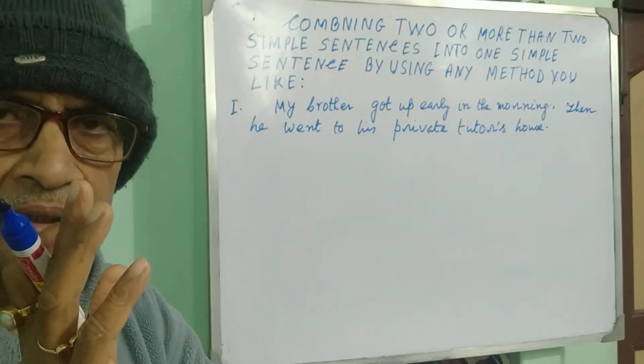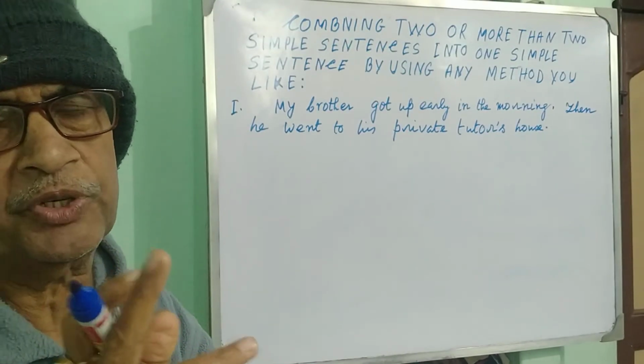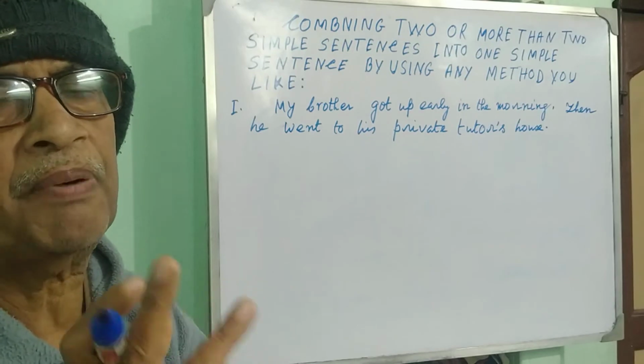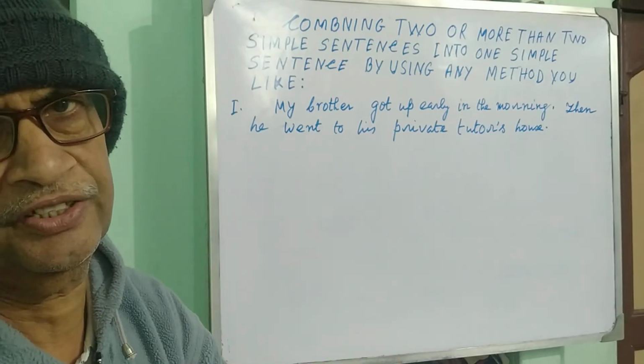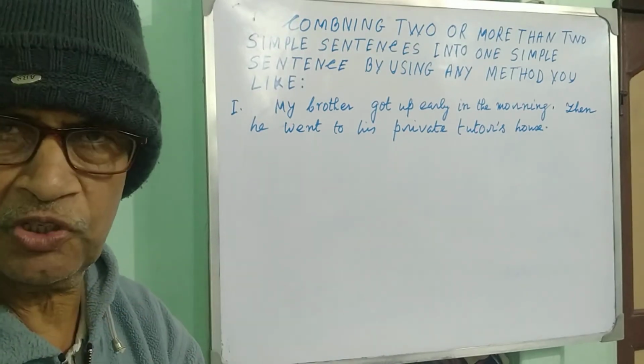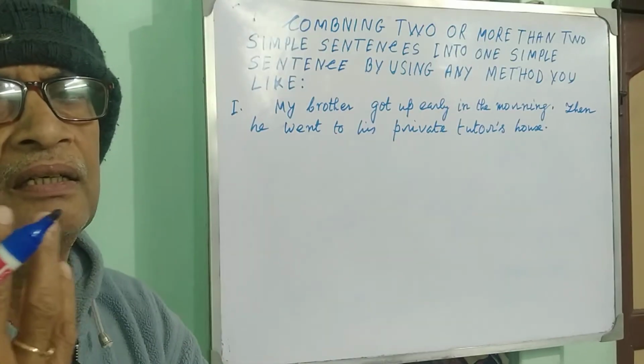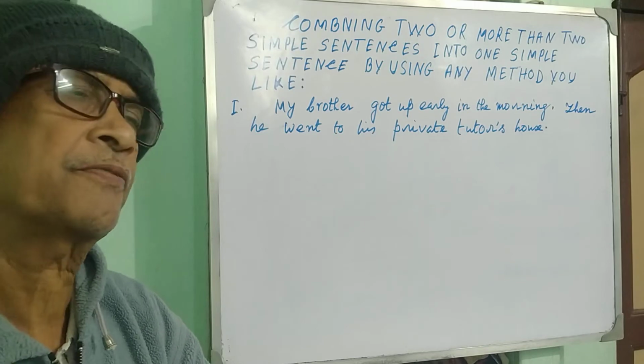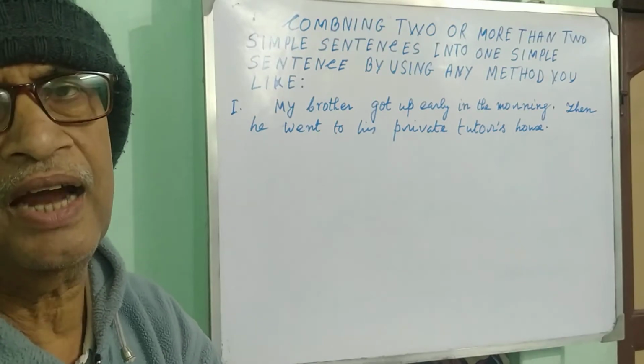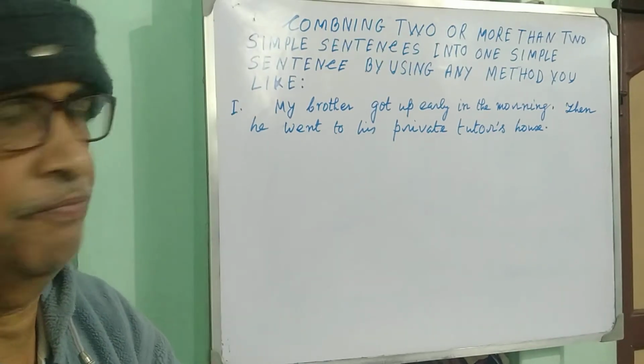Then there is a cause and effect relation between the first sentence and the second sentence. And the cause portion takes the participle and the second sentence is the action and takes the finite verb.